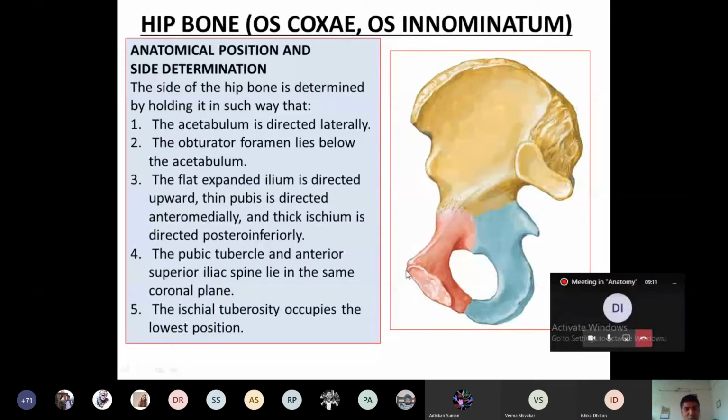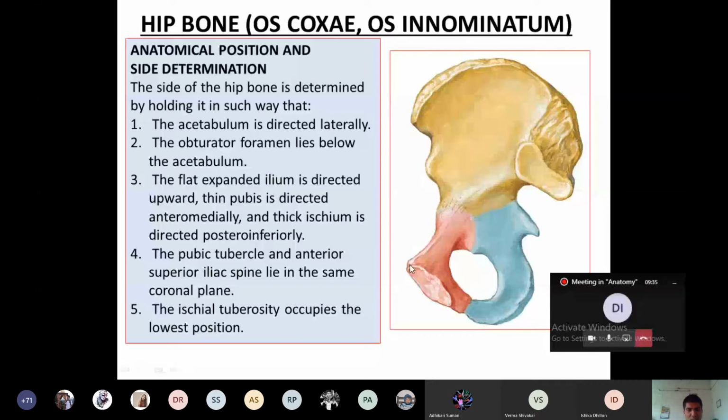And there is the pubic tubercle, which you know. This one is the pubic tubercle, and this one is the anterior superior iliac spine. These structures should lie in the same coronal plane. Pubic tubercle and ASIS should lie in the same coronal plane.